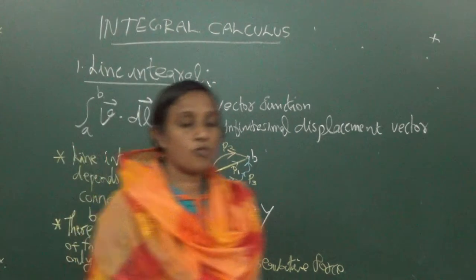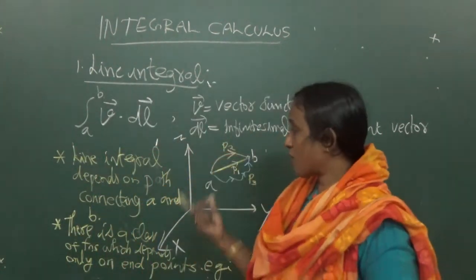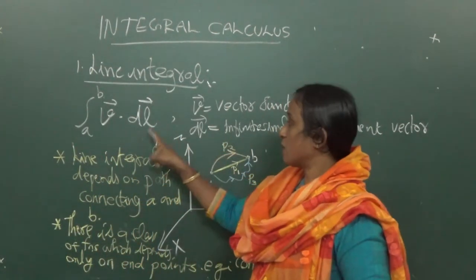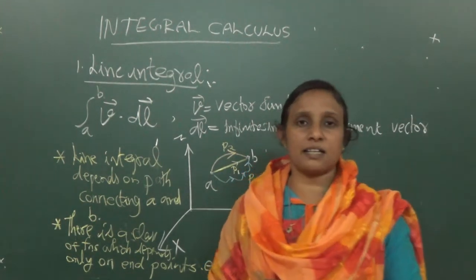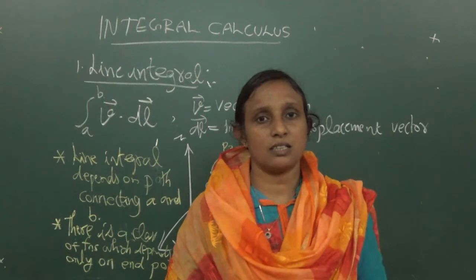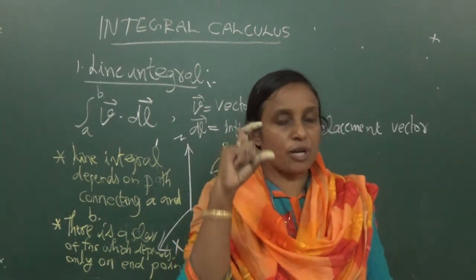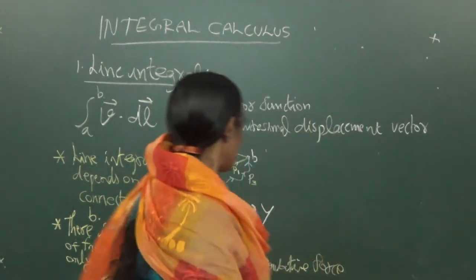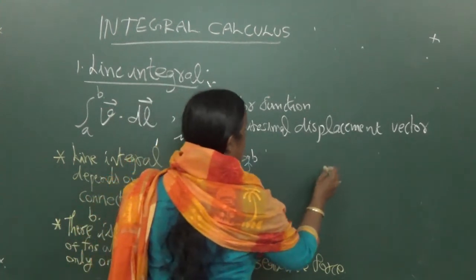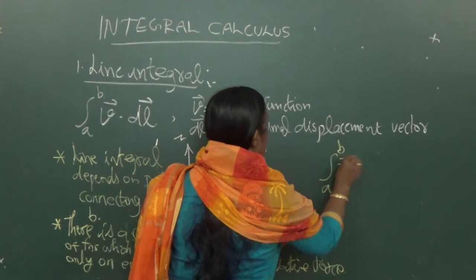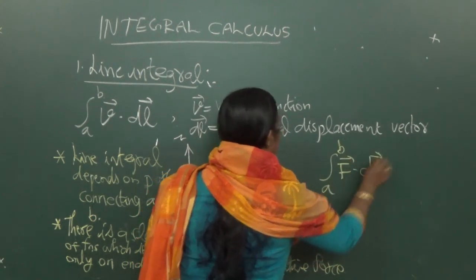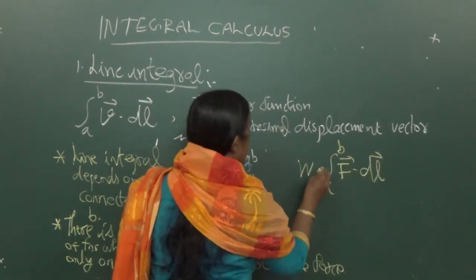One more thing, you can find an application in this section itself. The famous line integral is the work done, because to find the work done you have to integrate force from A to B, F dot dl. This gives you the work done.